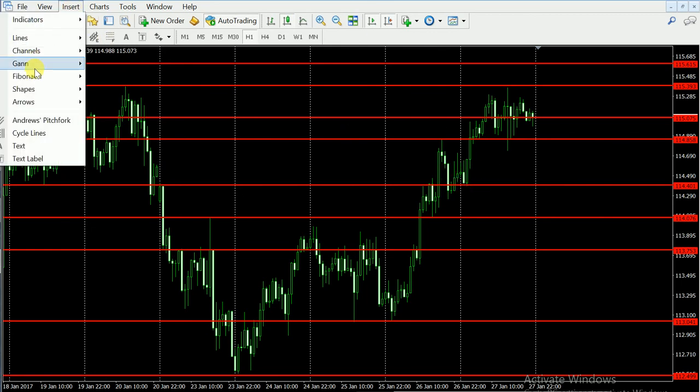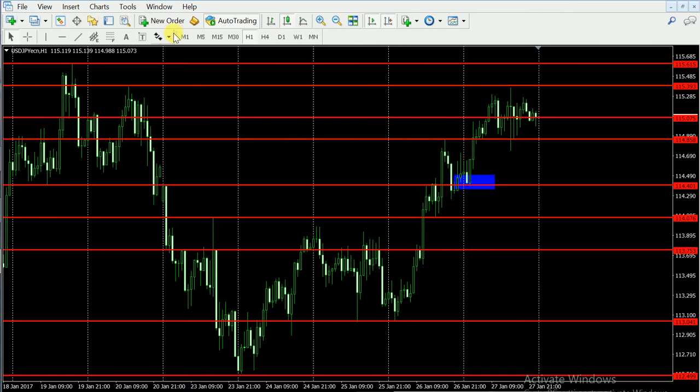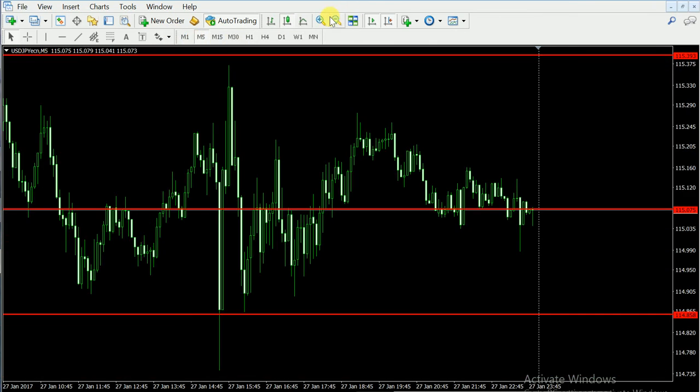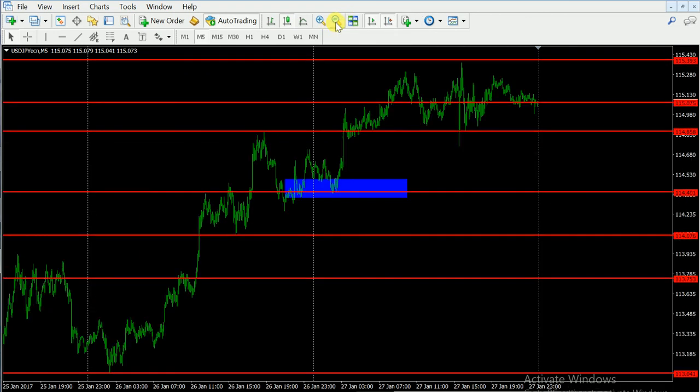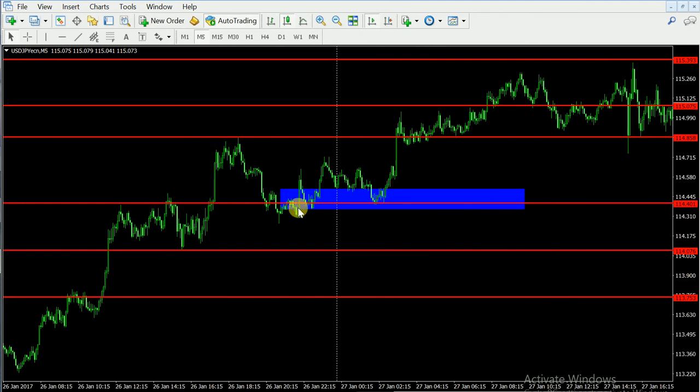Let's see this pattern that formed on the lower time frames in this zone. Let's go to the five minute chart, and we'll zoom out until we find that area right there. Now look at it. Whoa. Now, how many of you who have seen this pattern would have placed a buy?